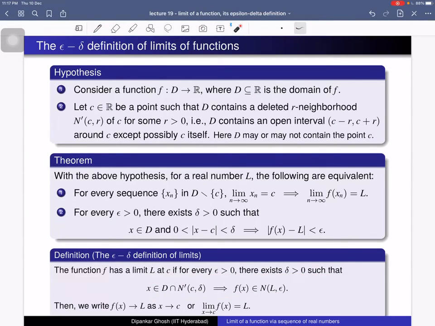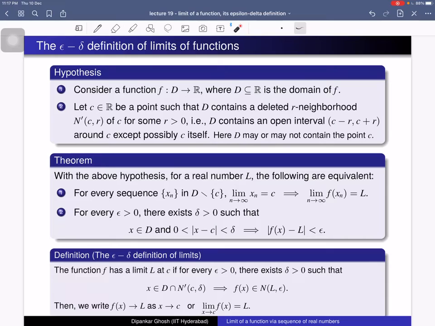Throughout we have this hypothesis: f is a function from D to R, where D is a subset of R and is the domain of f, and c is a point such that D contains a deleted r neighborhood of c for some positive real number r.